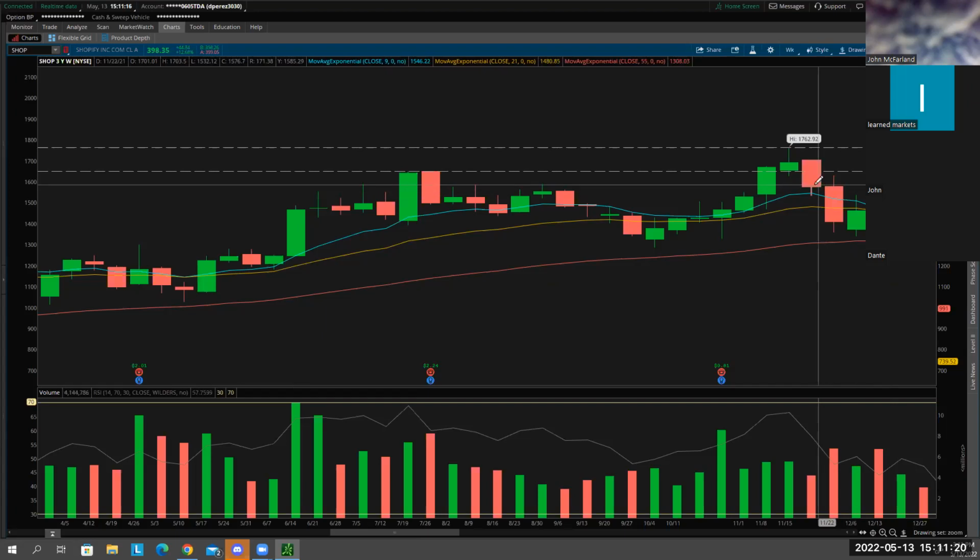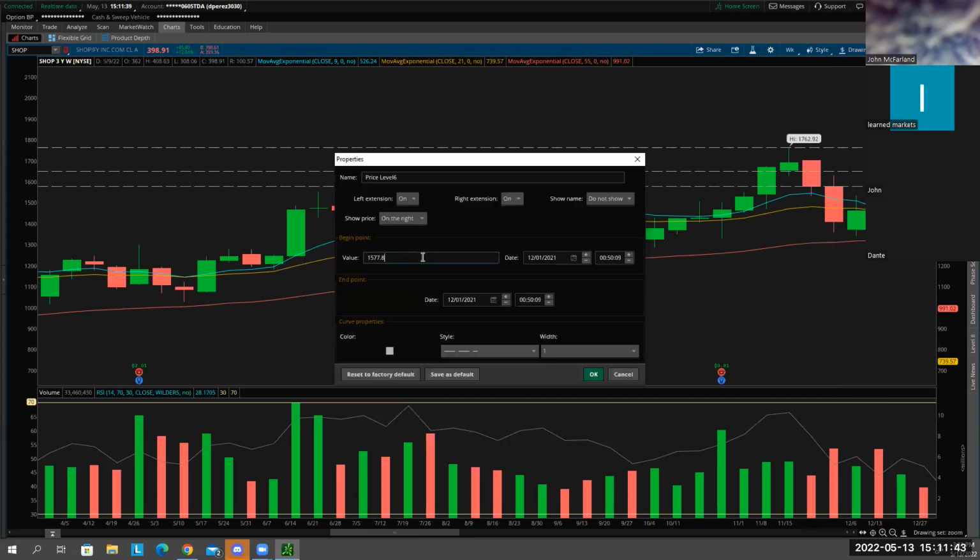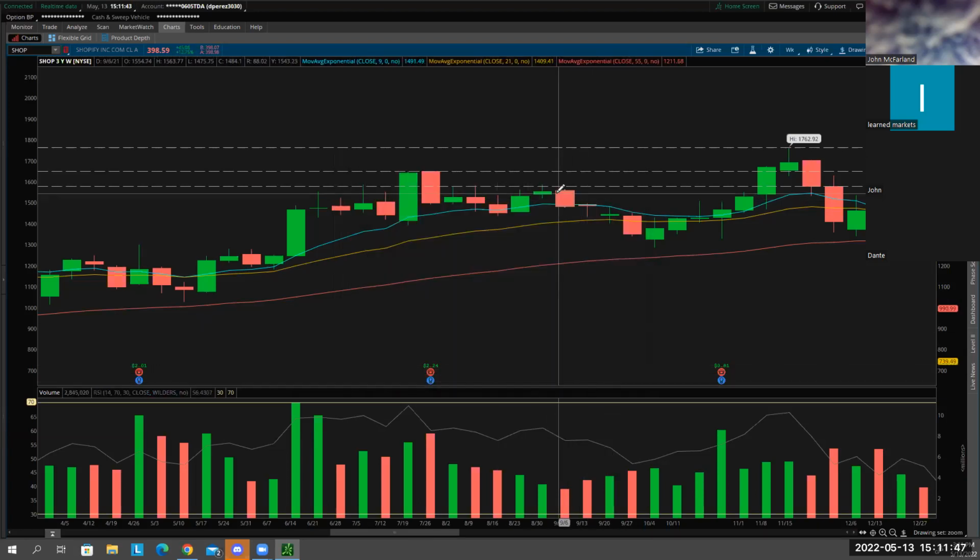I like this level right here of where this opened, this closed. 1577.32. 1576.77. So I'll use 1577.32 as a level. And as you can see, rejections all around this level.